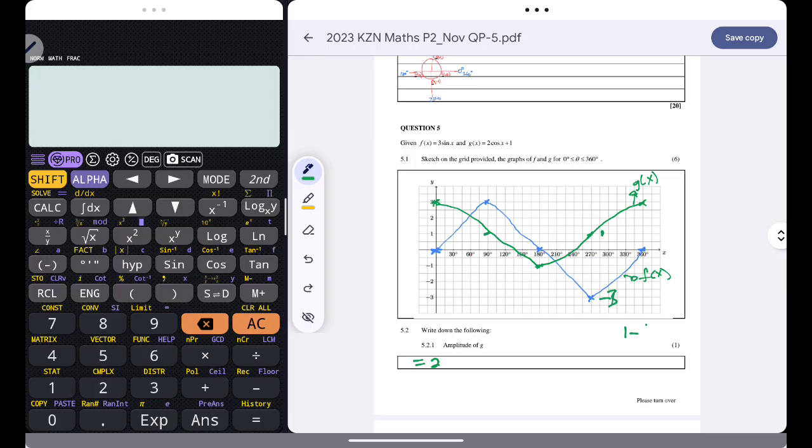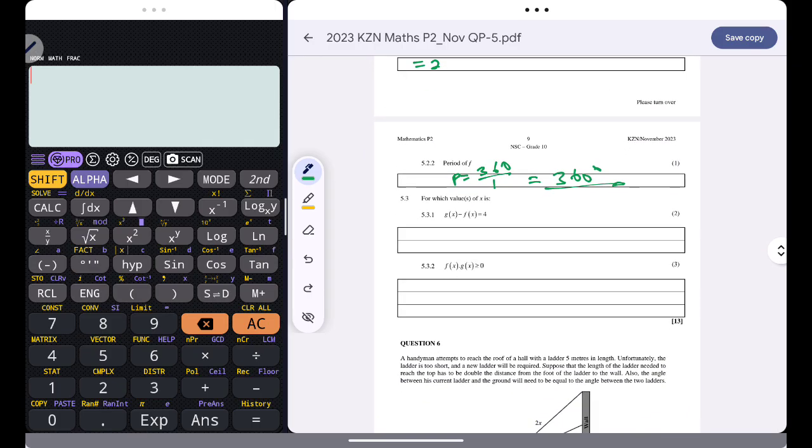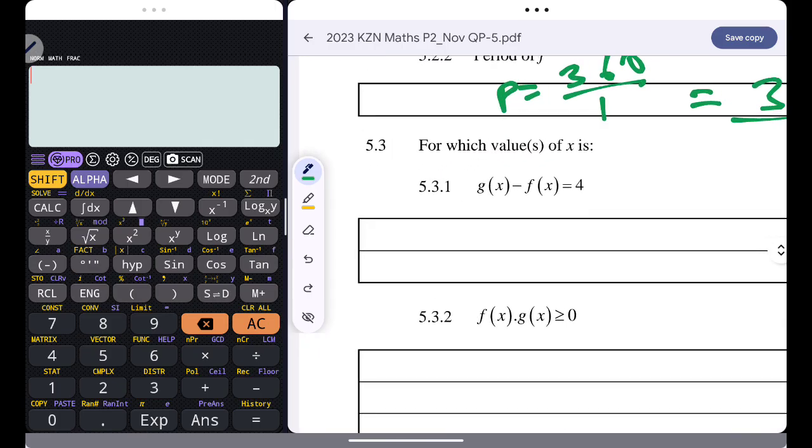So when I say 1 minus negative 3, I'll simply get 4. So I know that g of 270 minus f of 270 is the one that will give me 4. Therefore x is just 270 degrees.